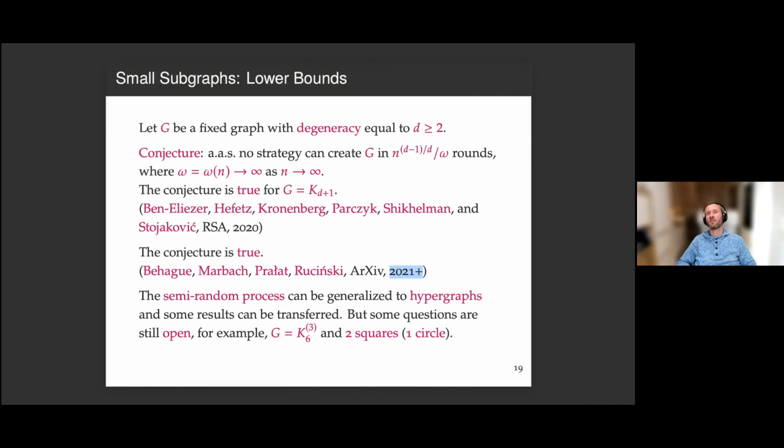In their case, they want to create a spanning graph with a maximum degree at most delta. And the question was, how long do you have to wait to create it? Not surprisingly, if delta is tending to infinity faster than log n, because we know how many squares each vertex is going to receive, then maybe it's not that surprising that we can actually create this graph in delta over 2 times n rounds.